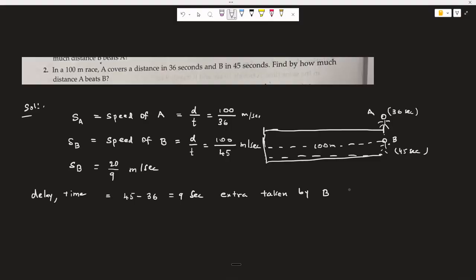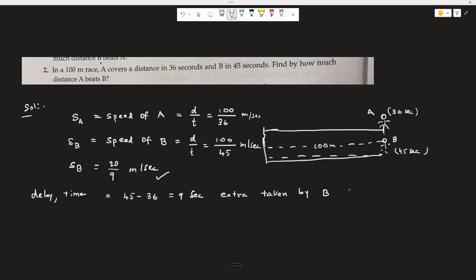So that means in 9 seconds, how much distance will Mr. B cover? We already talked about it: in 1 second, Mr. B will cover 20 by 9 meters.